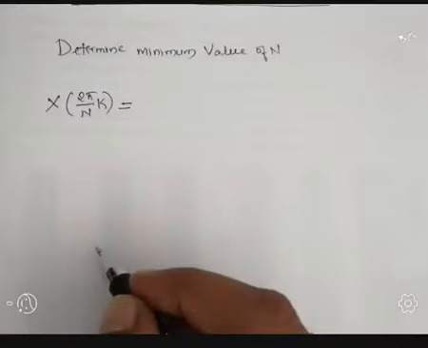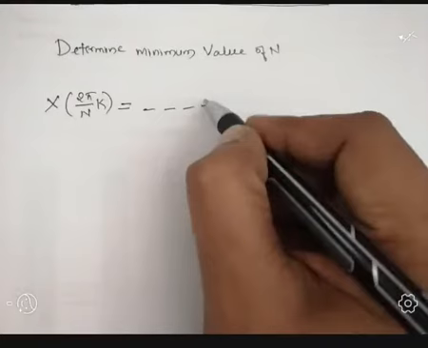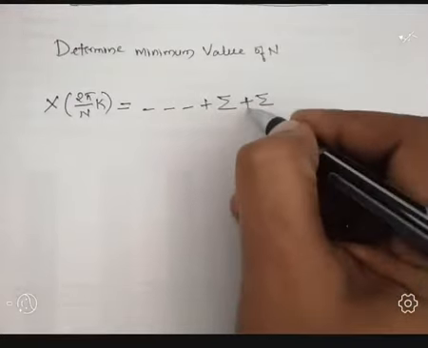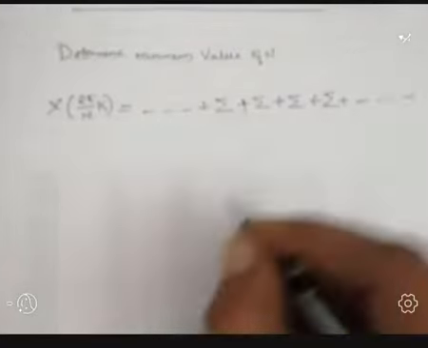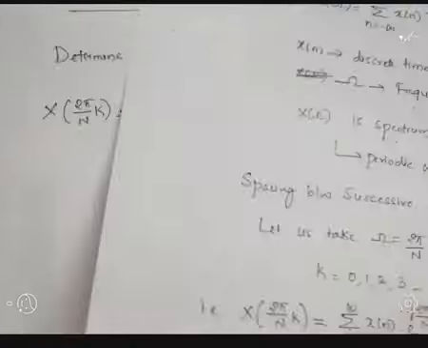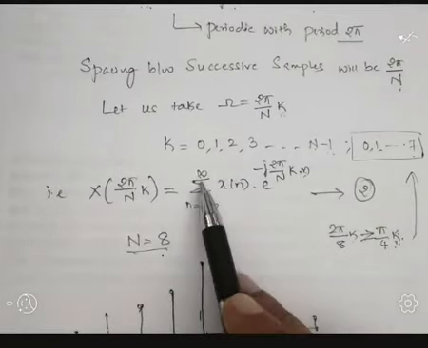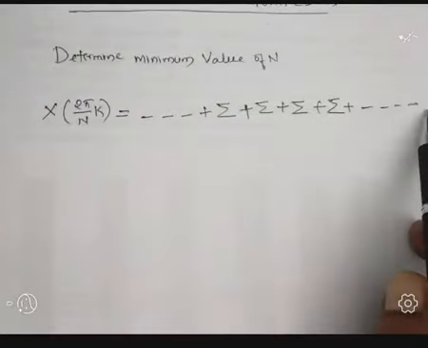How many summation terms are there? Minus infinity to plus infinity. Summation, plus summation, plus summation, plus so on. What I have written here is the summation from n equal to minus infinity to plus infinity, so many summation terms are there.